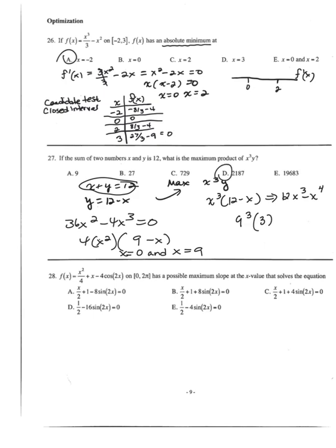Okay, the wording is a little trippy in the last problem. So they're asking us where this function has a possible maximum slope. So we want to take the slope function and get its derivative. So number 1, I need to get the slope. So the slope function is 2x over 4, which is just x over 2.